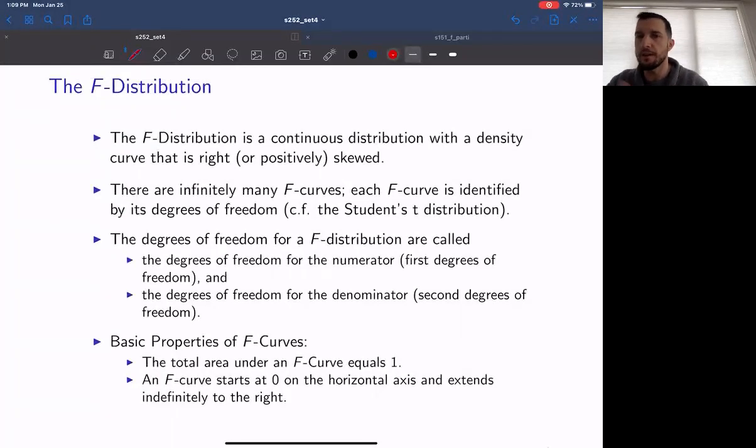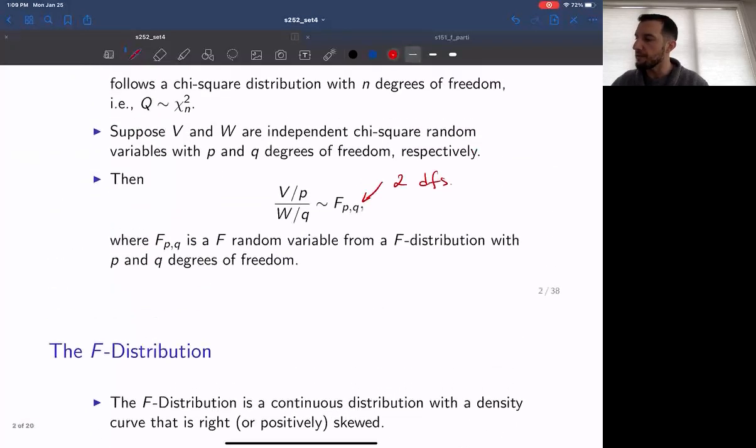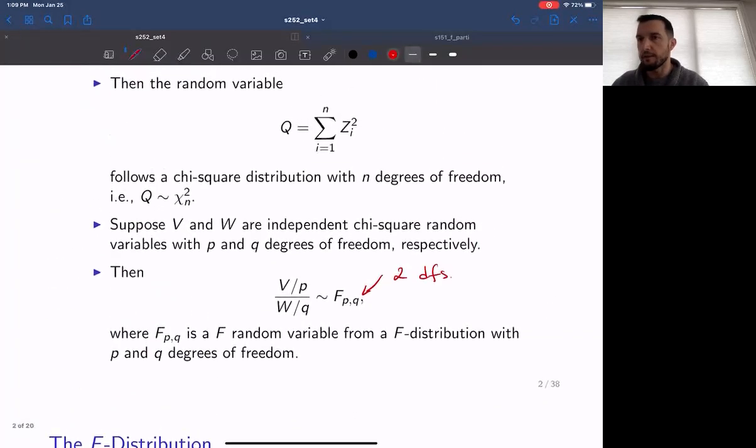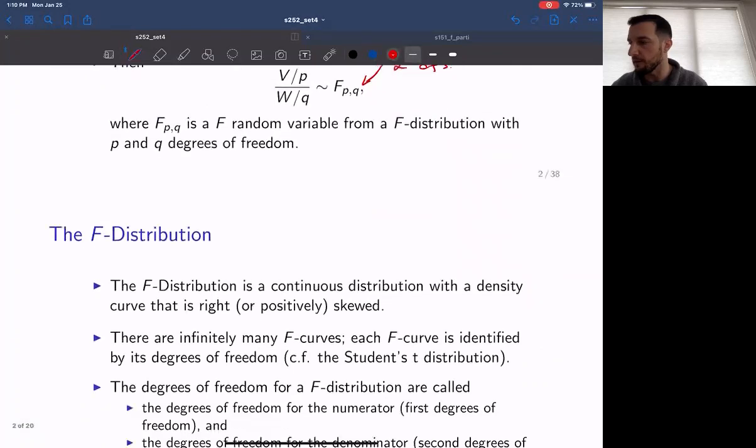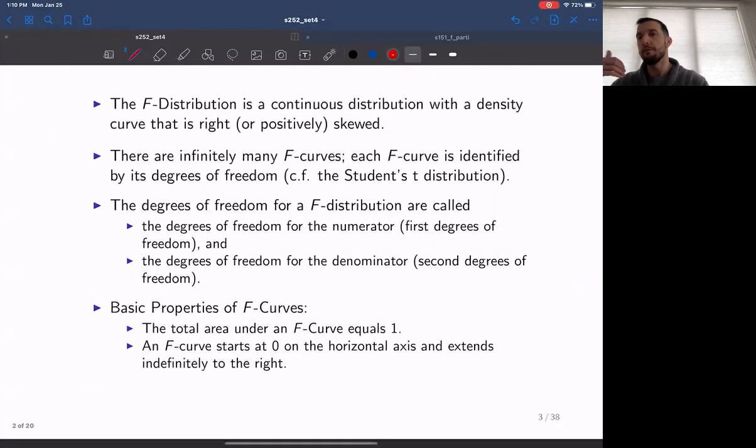If you think about the definition on the previous slide, the F distribution is found by dividing 2 chi-square random variables. The chi-square is the sum of squared values, and any value squared is positive. If you sum n positive values, you get a positive number, and if you divide 2 positive values, you get a positive number. So it makes sense that the F distribution is strictly positive.